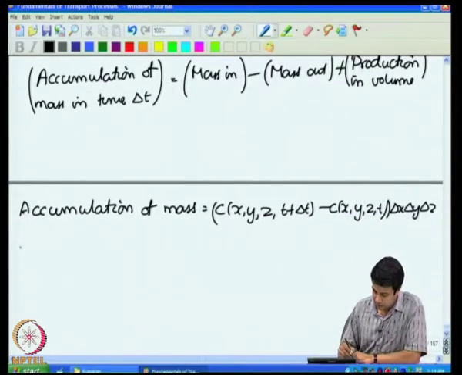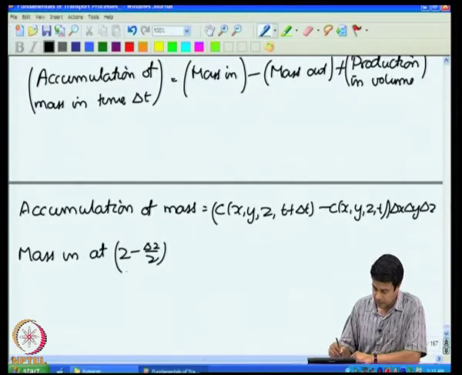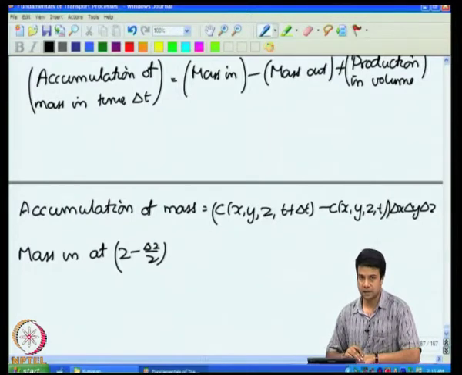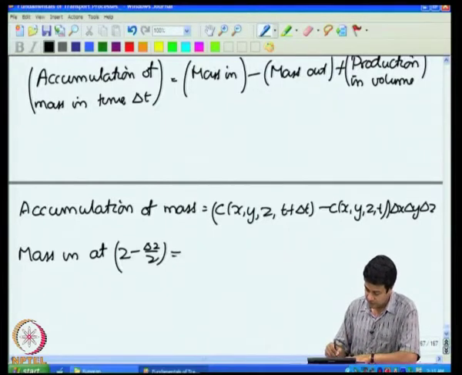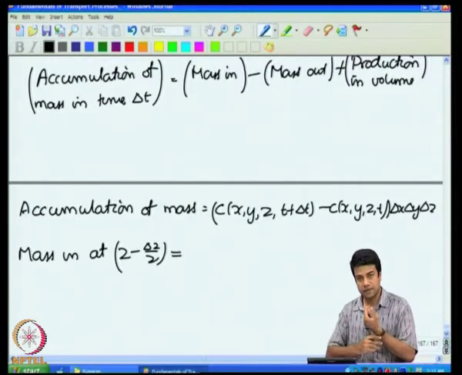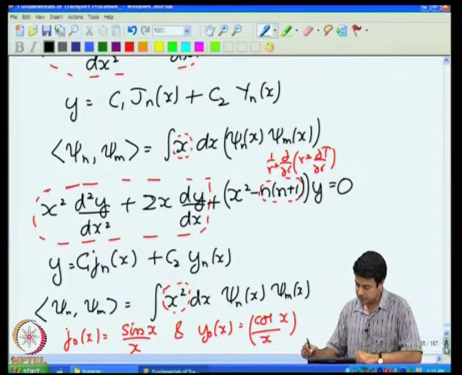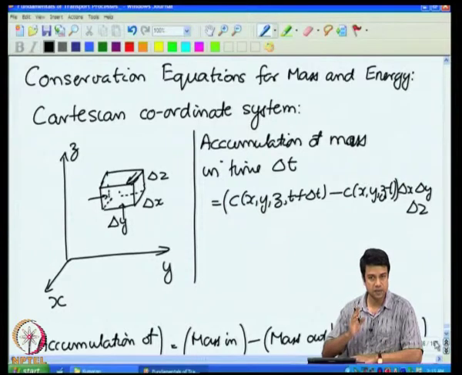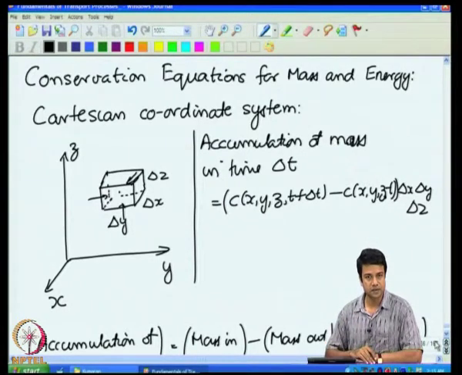So, what is the mass in at z minus delta z by 2? That is, at the bottom surface the mass in is going to be equal to the flux, which is the mass per unit area per unit time, times the area times the time interval. The flux we have to consider is the flux that is perpendicular to the surface at the bottom surface. It is only the flux that is perpendicular to the surface that passes through the surface and increases the mass within the differential volume.